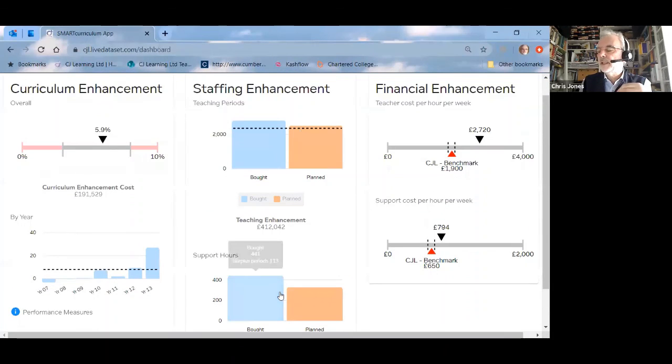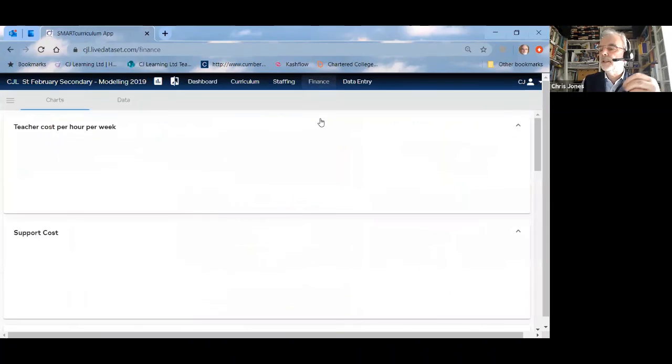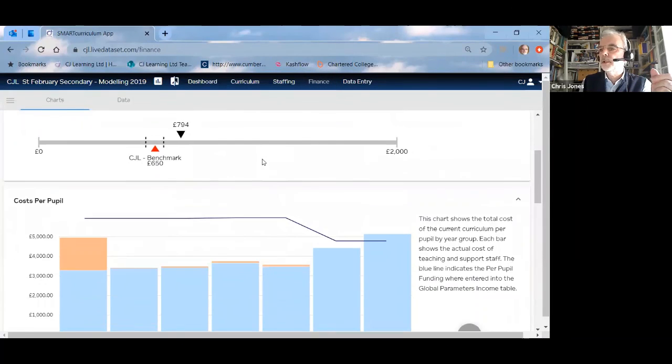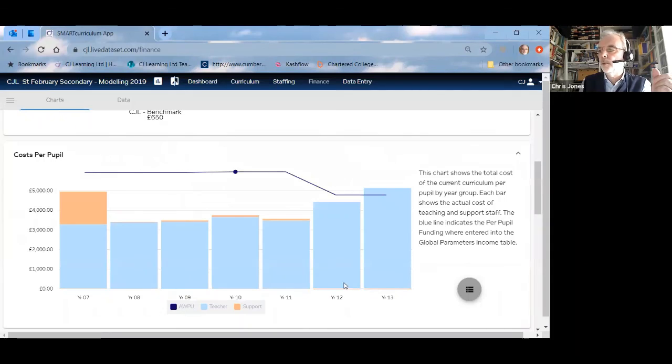Now, where does that data show in other places? There are a number of places where support hours will be showing. And if we come to cost per pupil, you notice, in our chart, we had this great chunk of time for year 7s, and there was some time spread out for 8, 9, 10, and 11.